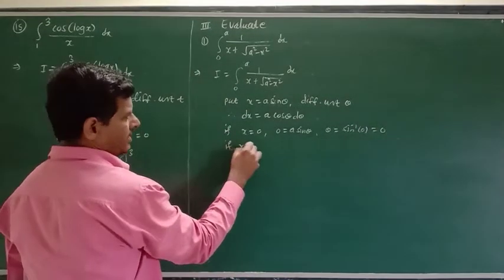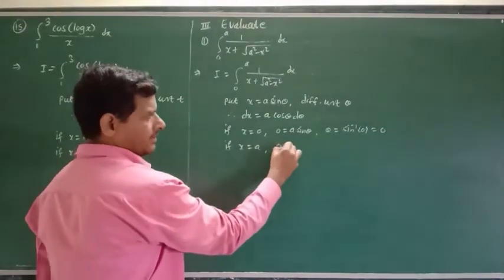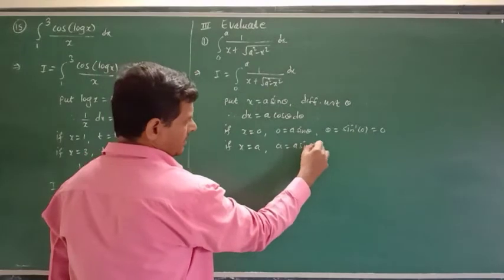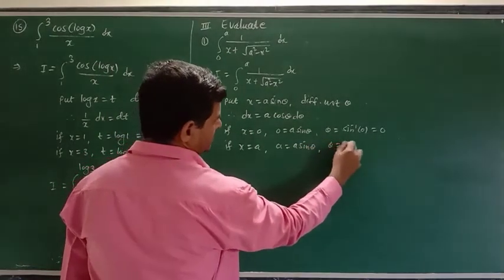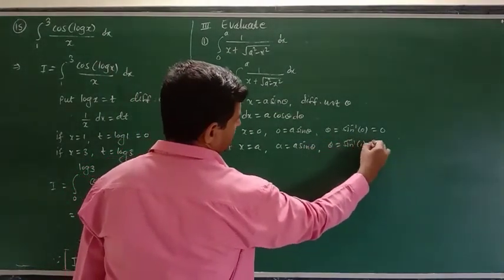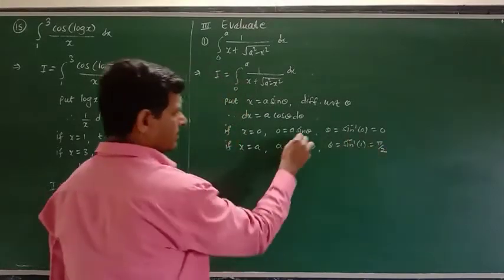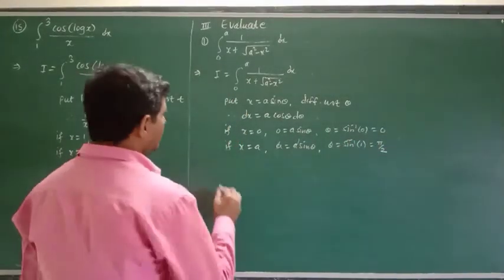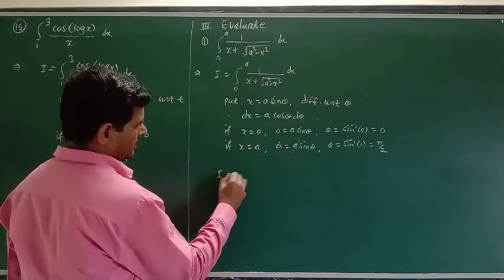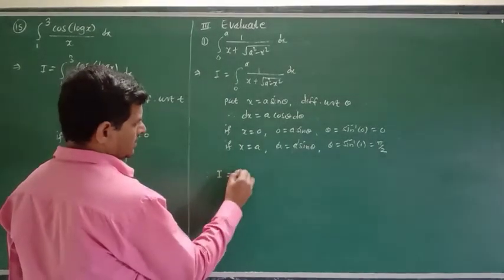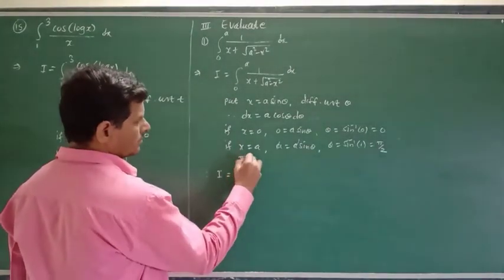And if x is equal to a, the upper limit, then a is equal to a sin theta, so theta is sin inverse of 1, which is pi by 2. Now a gets cancelled. So the integral is I, from 0 to pi by 2.